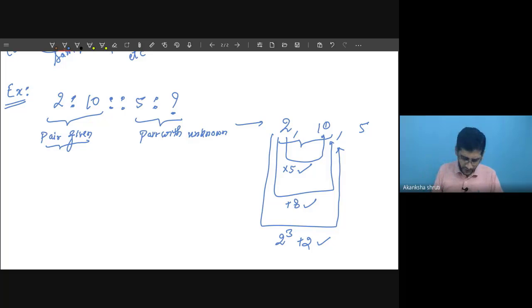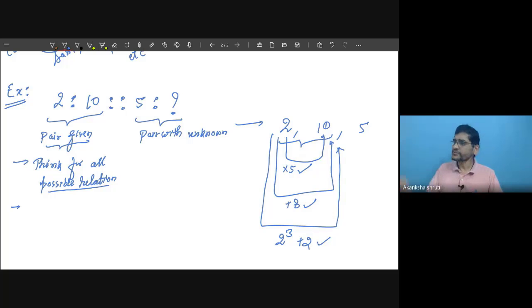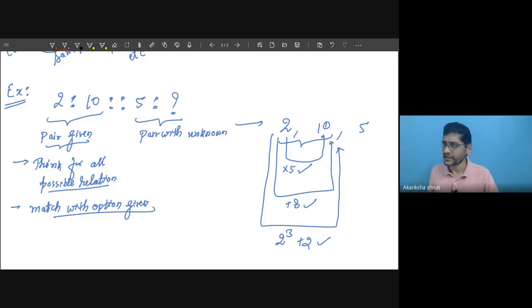You have to think of all possible relations. So that is the only difference. Whatever possible relations you have found, from those you have to find the answer and verify with the options. So in this case, knowing the option or knowing the answer is very important rather than just applying the rule.